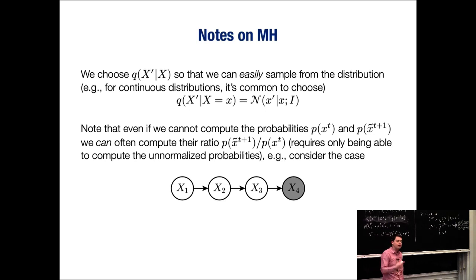So for example, a very common choice when x is continuous valued is that you set x prime to be a normal distribution with mean x and some covariance I. Basically what you do is set x tilde t plus 1 equal to xt plus some epsilon, where epsilon is sampled from a normal distribution with mean 0 and some small identity covariance.